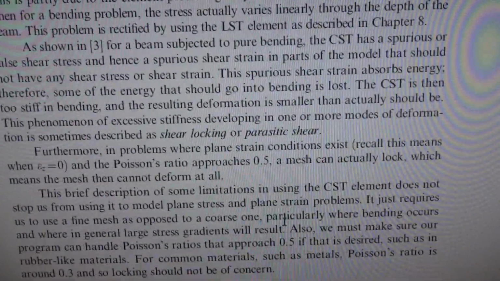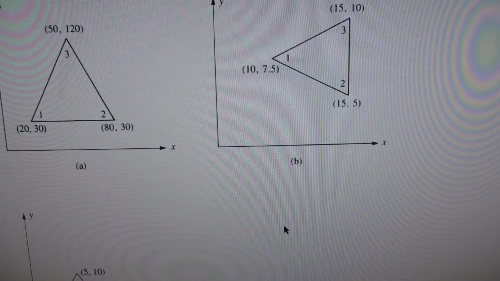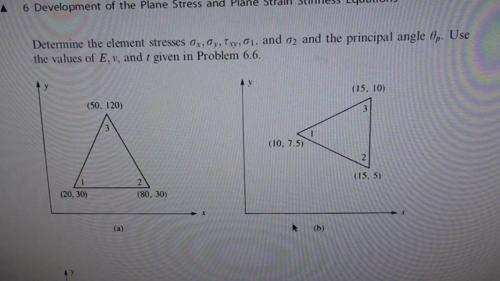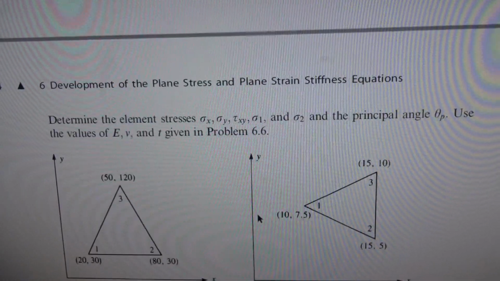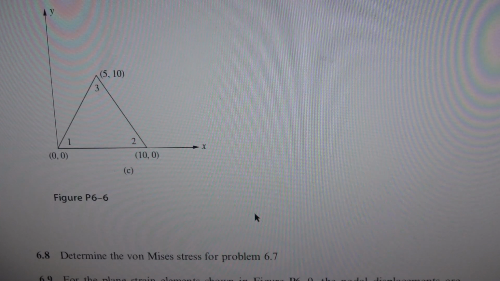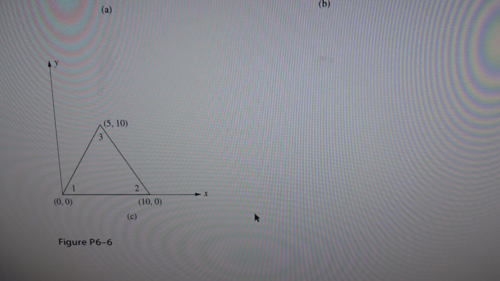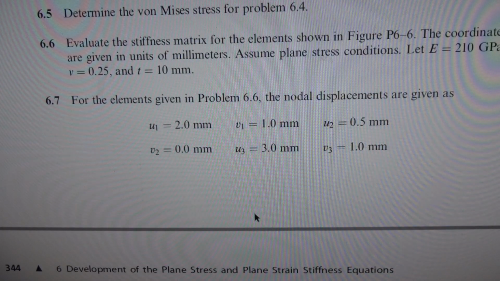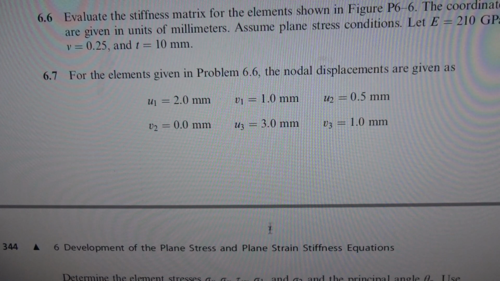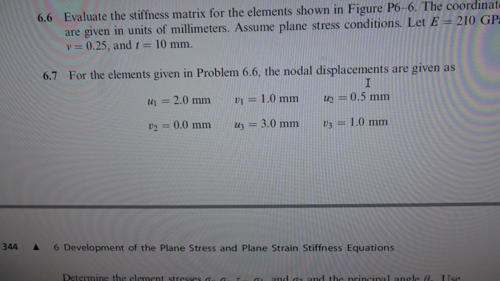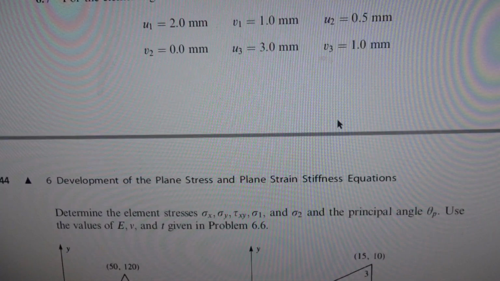Now, here are one or two questions for practice that you can solve. Determine, for problem 6.7 given, for the element given in the problem, the nodal displacements are given for this figure.